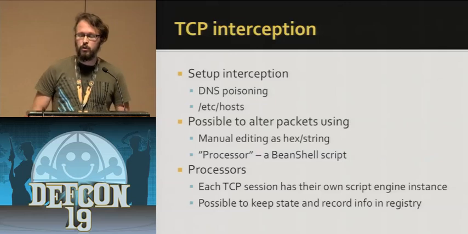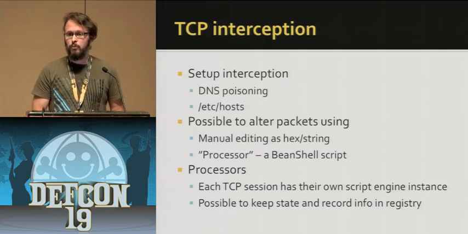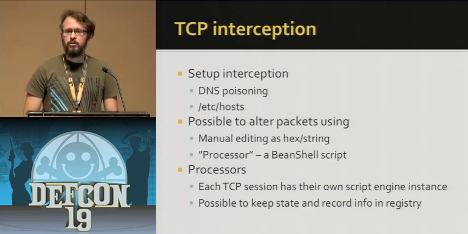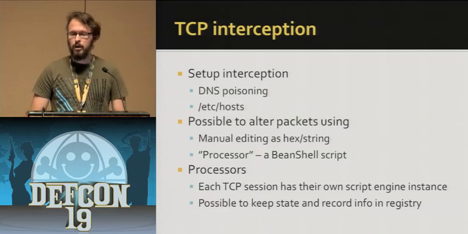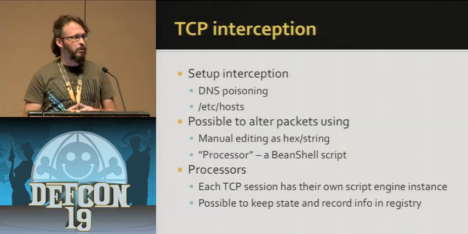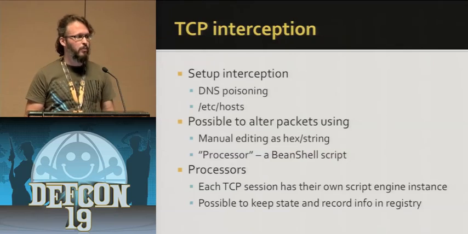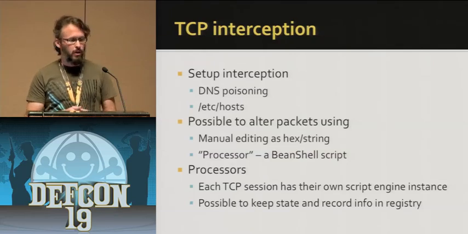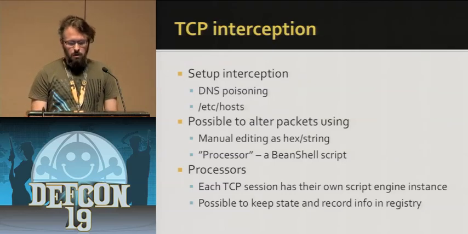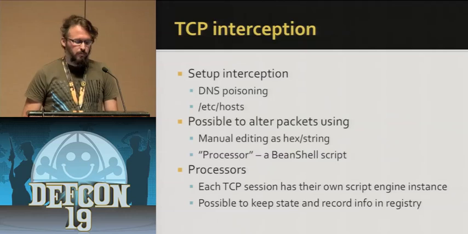You can write your own code in Java through the BeanShell integration, and each TCP session gets its own BeanShell interpreter. So you have the possibility to keep state within a TCP session. If you collect some interesting data in the first two packets, you can keep it in a registry and then pull it up in the 6th or 7th packet where you actually need it. The registry is basically just a hash map with a string key where you can store whatever data you want.